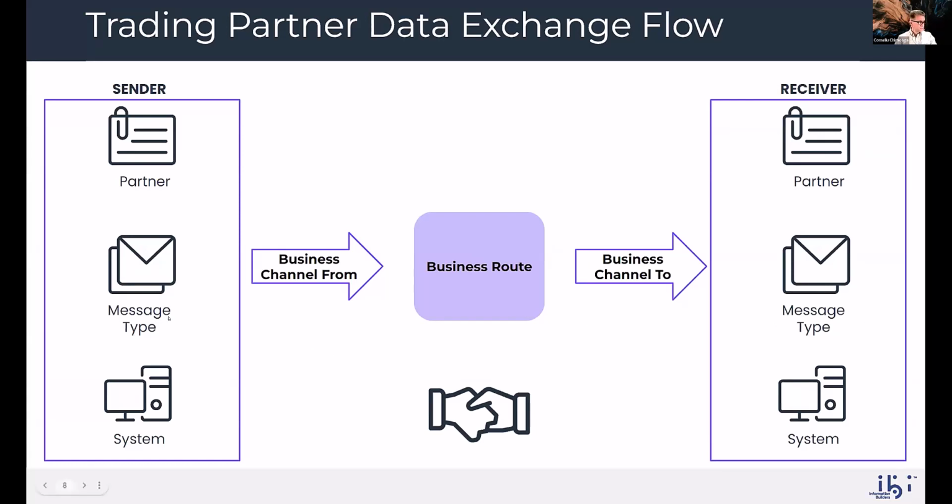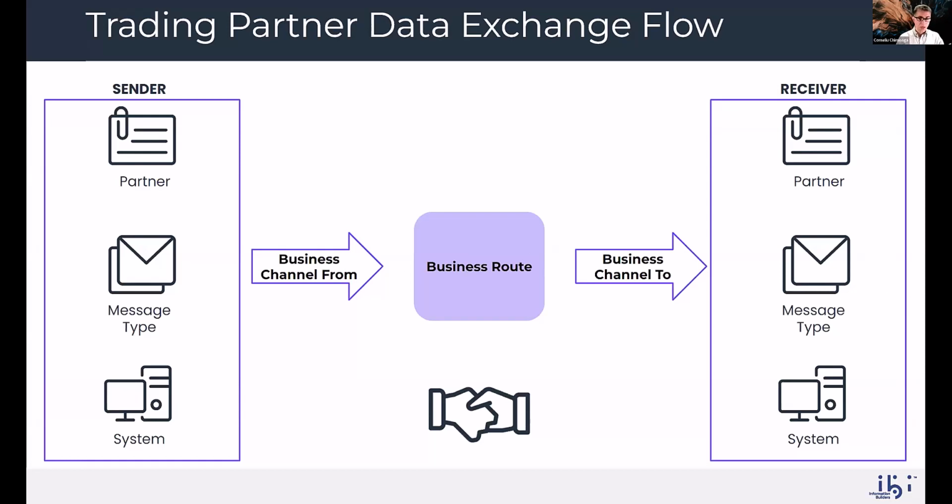And finally, the third component is the message type being processed. Know that this is not the message itself, it is the type of message, since messages can have different data, of course, but the essential part here is the message type. Okay, so the triplet partner, message type, system defines one end of the route, or what we call a channel.